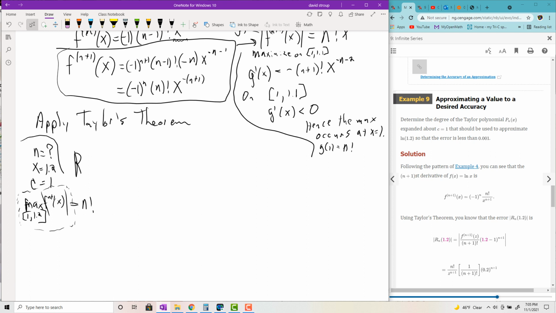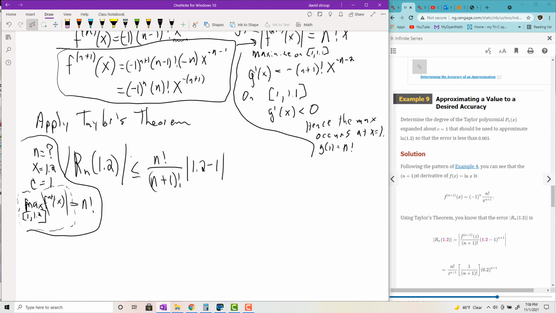Okay, so we can kind of flesh out our remainder theorems. So r sub n, I don't know n, of 1.2, the absolute value of that thing will be less than or equal to n factorial all over n plus 1 factorial, again I don't know n, times the absolute value of 1.2 minus c raised to the n plus first power.